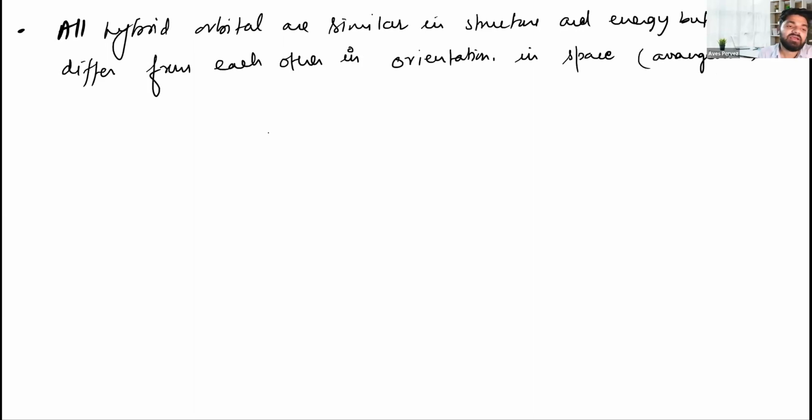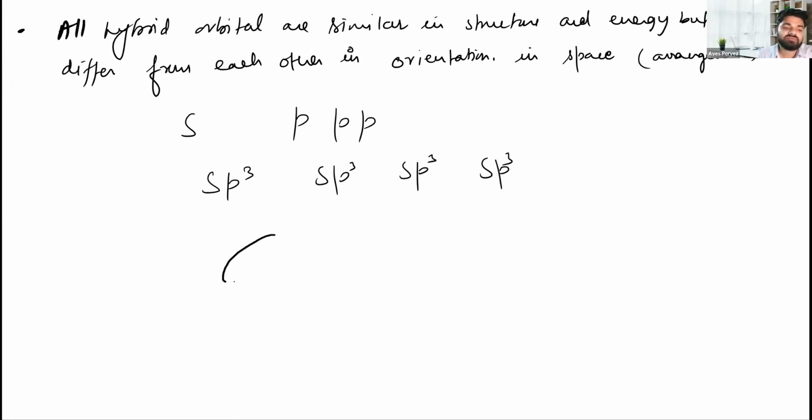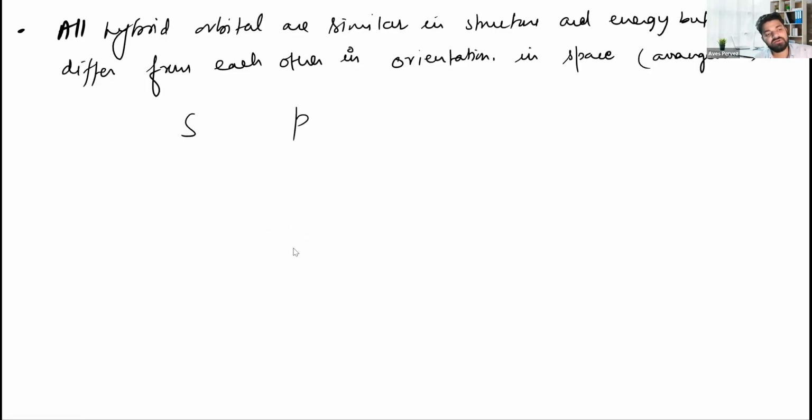If you have 1s and 3p orbitals mixing together, they will form 4 new sp3 hybrid orbitals, and they will have different axes of orientation. They may be in different planes. For example, one hybrid orbital can be in this plane, another in this plane, the third in this plane, and the fourth in this plane. So their arrangement can be different. Understood?